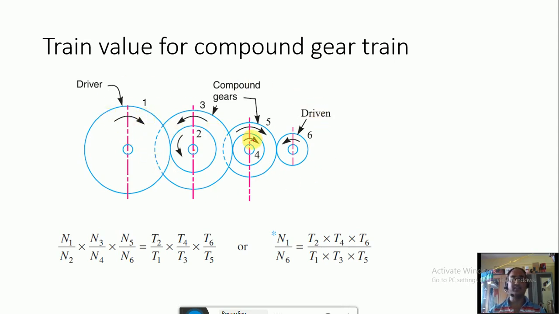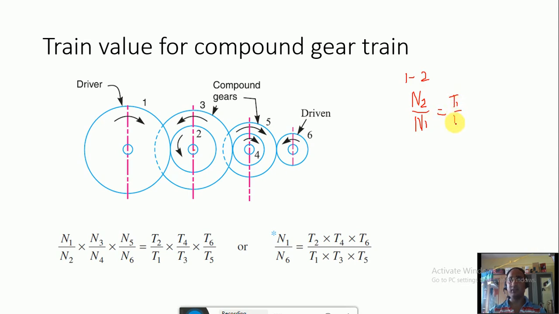There are six gears and four shafts. The second and third shafts consist of two gears each. Let us consider the first pair of gears, 1 and 2. For the first pair, what will be the train value? Obviously, n2 upon n1 equals t1 upon t2.